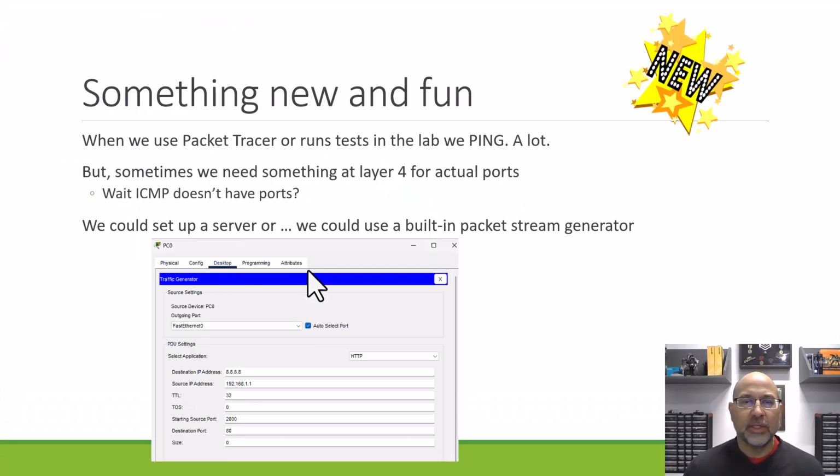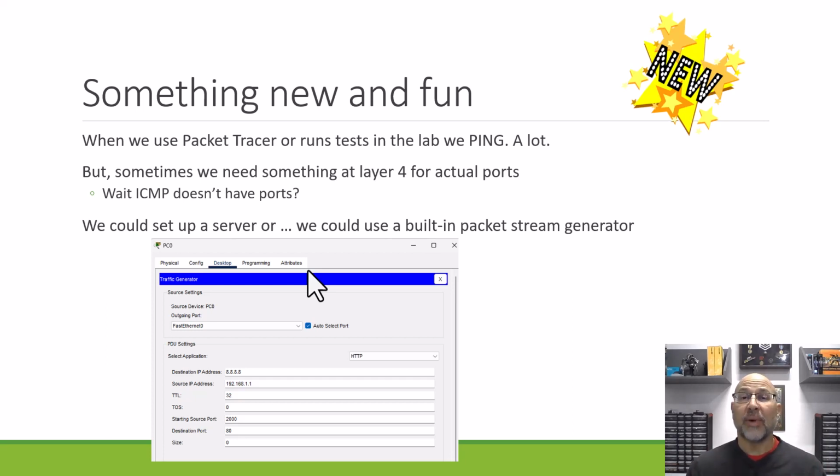So our new thing today was a traffic generator that can actually generate layer 4 traffic, and that will be TCP or UDP port numbers, actual port numbers that now you can see in our translation table. Because the important thing about a translation table is that it's not really worried about ICMP traffic. That's not really the name of the game. We're usually doing application traffic.